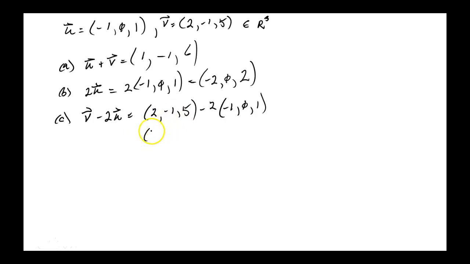You don't have to, but let's do it. (2, -1, 5) minus (-2, 0, 2), just like we got here. That's exactly right.